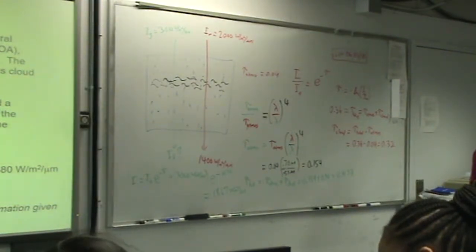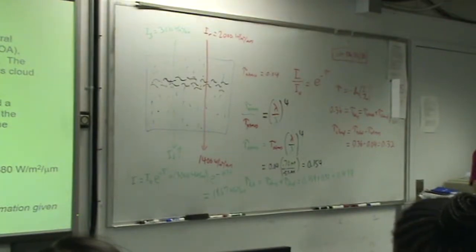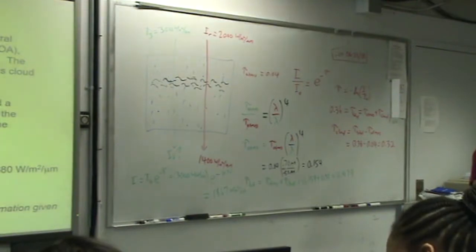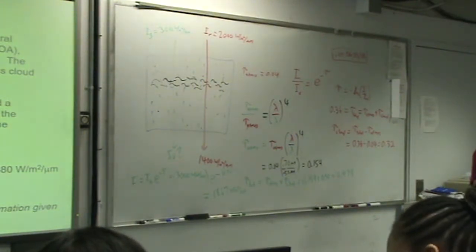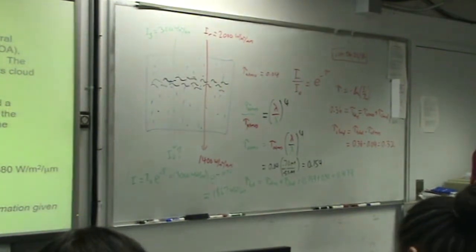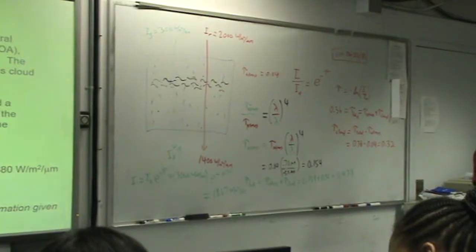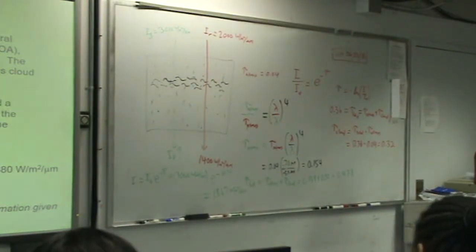I used the equation where the transmitted intensity over the original is equal to 1 over 1 plus the optical depth. Okay, so you're using the scattering equation, but you don't know the backscattering. Right. That's where you need a problem.